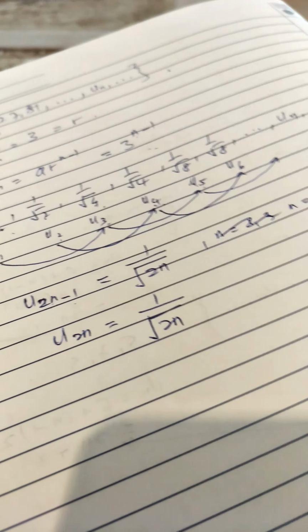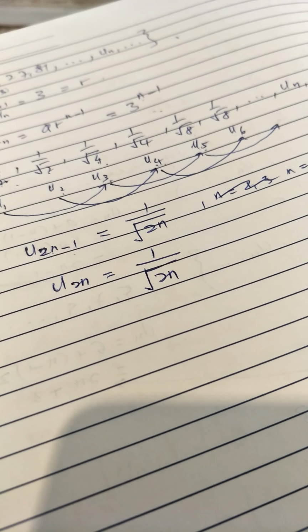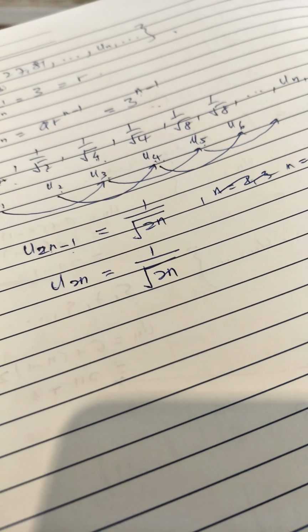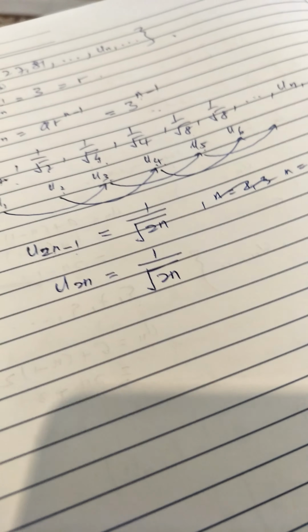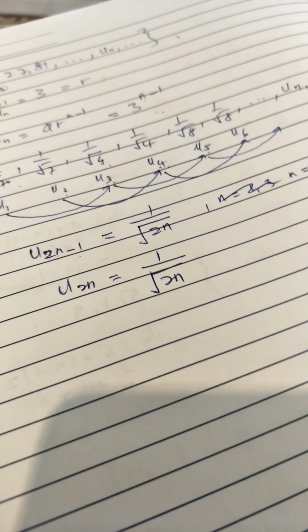Just by looking at the pattern of each term, we can determine the general formula for that. One more example. We have many examples here, but it should be one more.